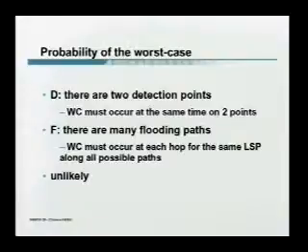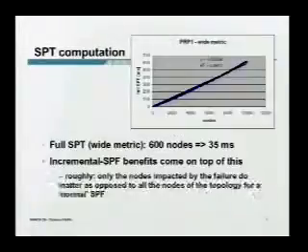So for the worst case to occur, it would be extremely unlikely because it would need to occur for the same LSP on all the nodes across all the possible flooding paths. So for these three reasons, I think that these rare points are not important, and anyway, it's 20 times smaller than the target, which is the second.